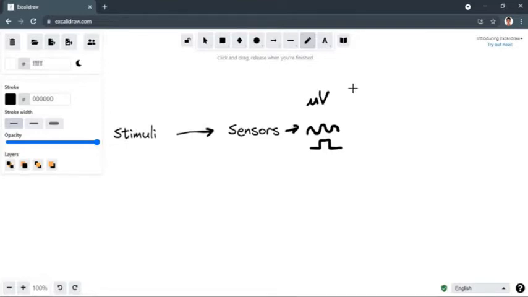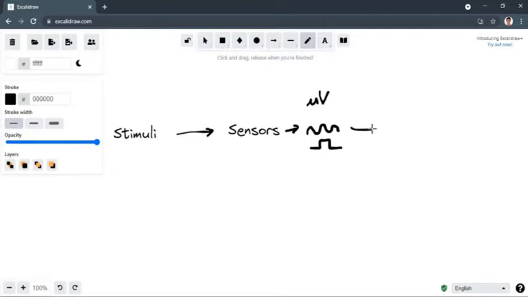But if the sensor is a type that has a voltage output, usually it's in the microvolts range. Okay, so microvolts is not that visible on processing circuits. What will happen here is we need to convert these microvolts into a bigger voltage.